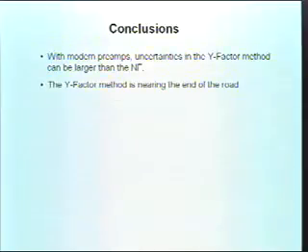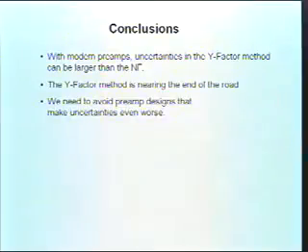Now, David will talk about some of the techniques that he looked at before they decided to go with Y-factor again for the new range of Agilent analyzers. We need to find something better, and my feeling personally is that we need to avoid preamp designs that make the uncertainties worse than they absolutely need to be.